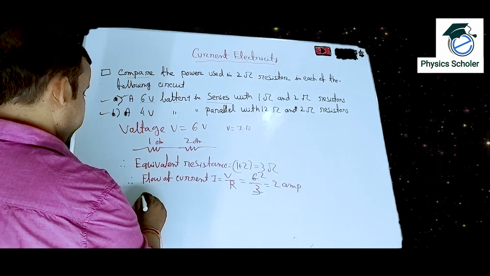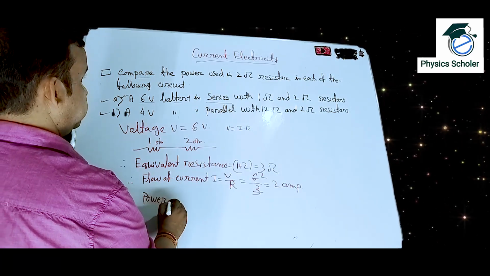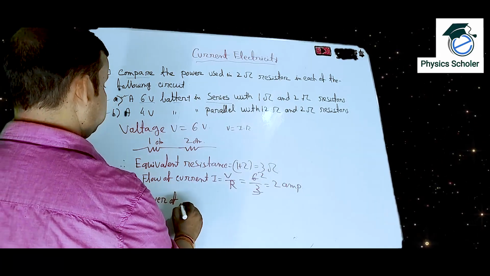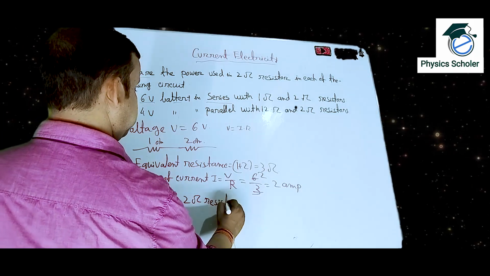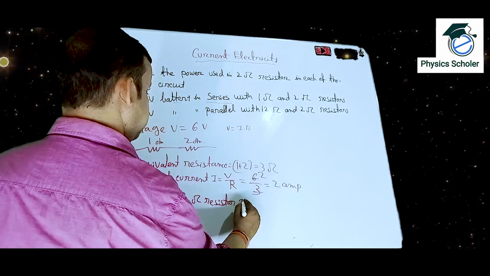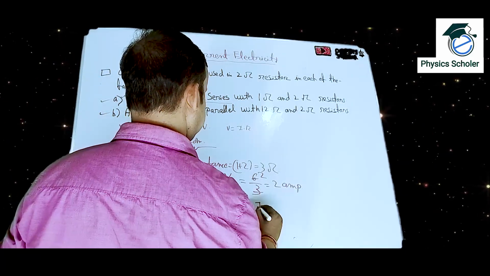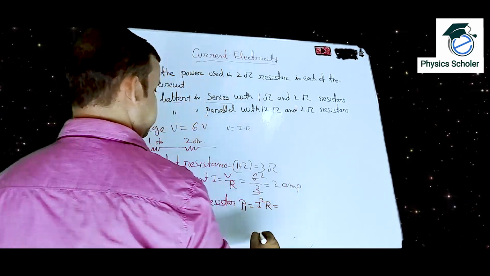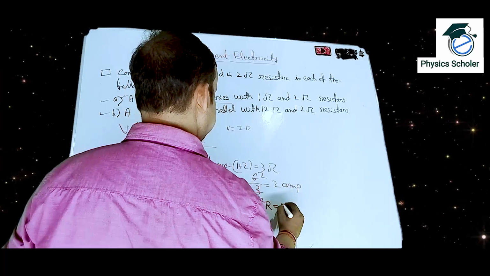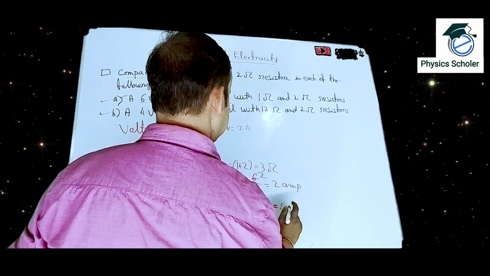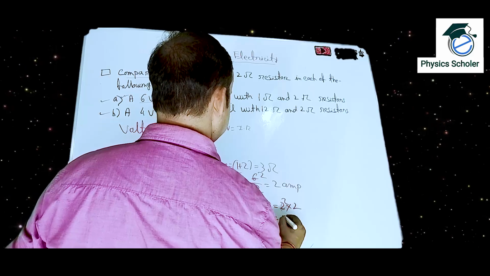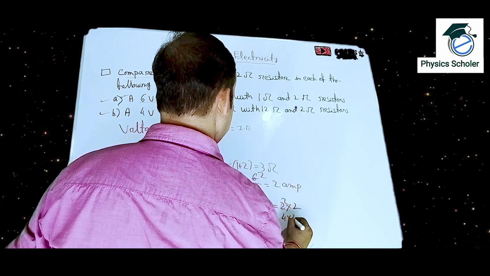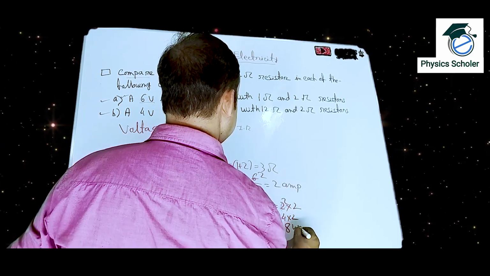So power of the 2 ohm resistor, P1 is equal to I square R. I means the flow of current, 2 square into R, which is 2. 4 into 2, that means 8 watt.